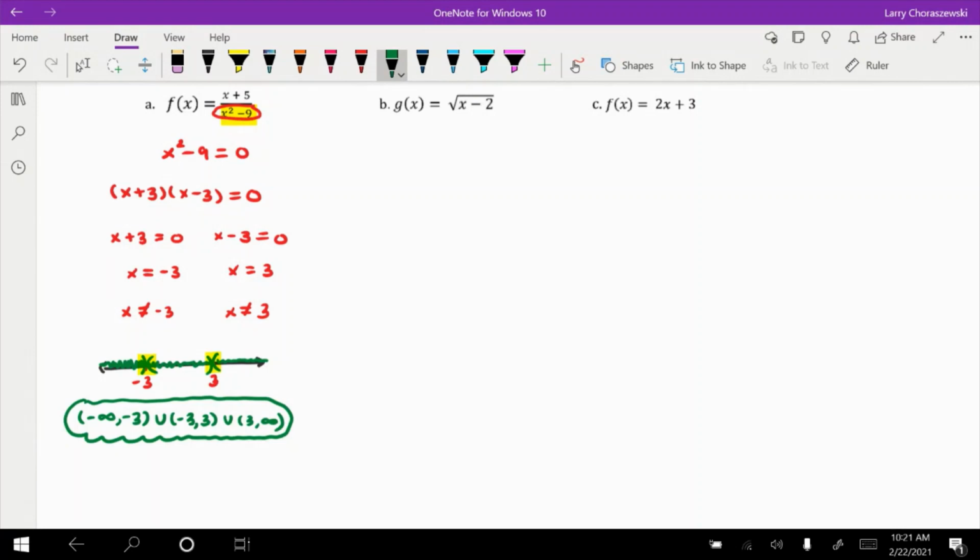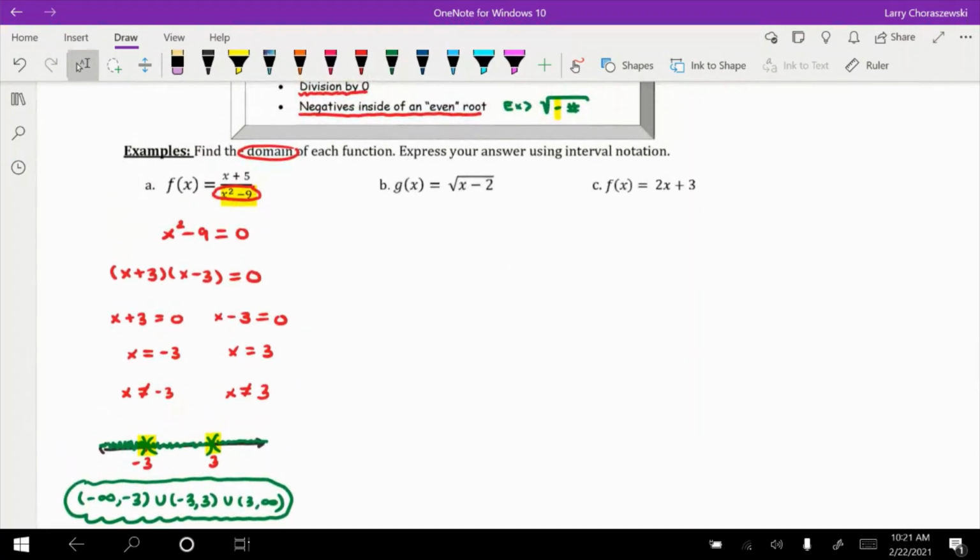Now with part B, we probably should worry about the second bullet point, because we have a square root. Specifically, we got the square root of x minus 2. Now, there are definitely going to be some values of x that we shouldn't be plugging into this function.